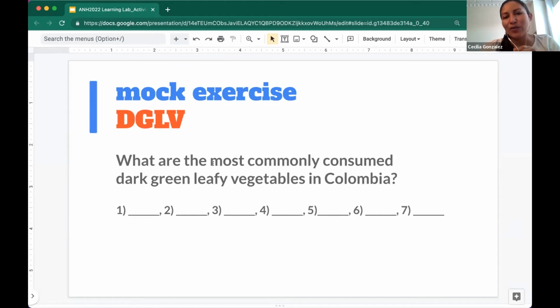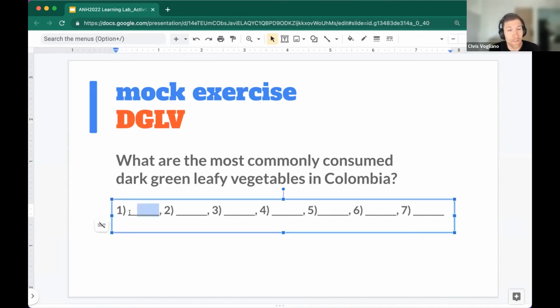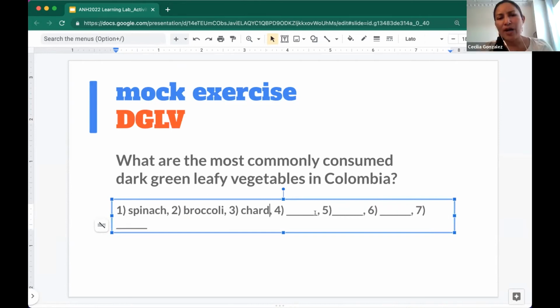I'd like to know what are the most commonly consumed dark green leafy vegetables in Colombia? The most common dark green leafy vegetables in Colombia are spinach, broccoli, chard, and kale. Oh, nice. How do people consume these leafy vegetables? It depends.